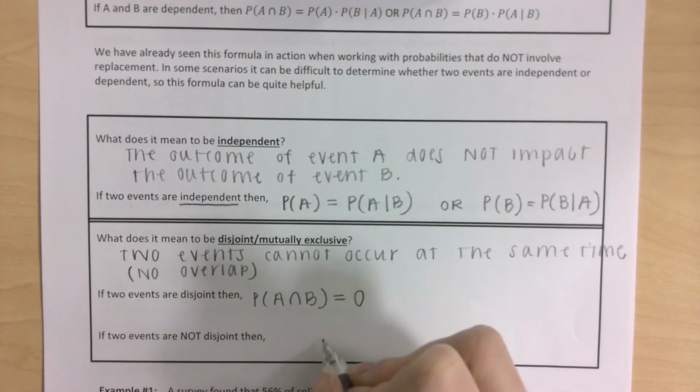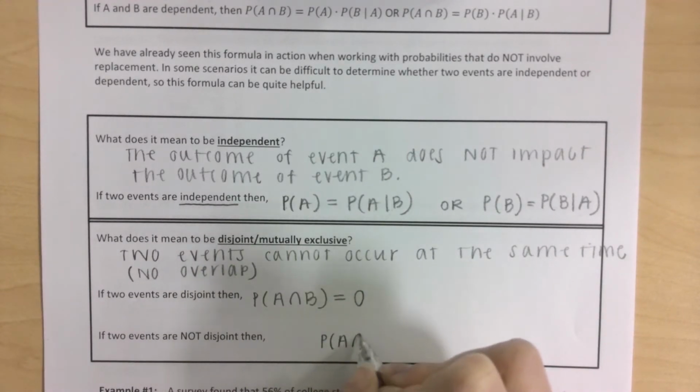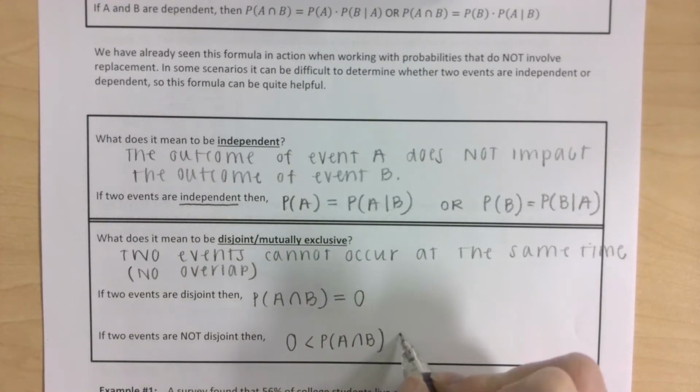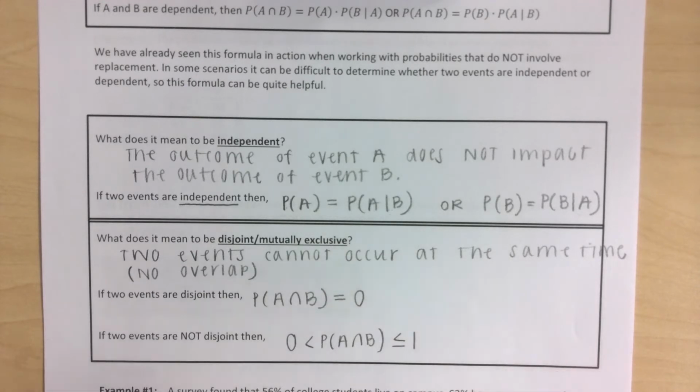So I'm going to say that the probability of A and B should be greater than 0, but it's a probability, so it needs to be less than or equal to 1. So this is just the fancy math way of saying that it's somewhere in between 0 and 1. Let's go ahead and look at example 1 for an example of how we can use these formulas in context.